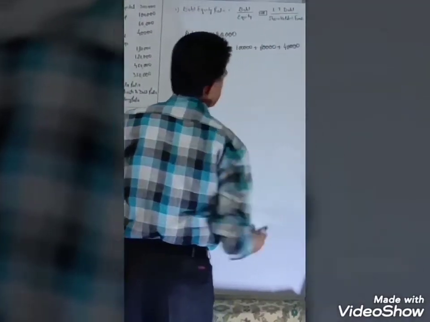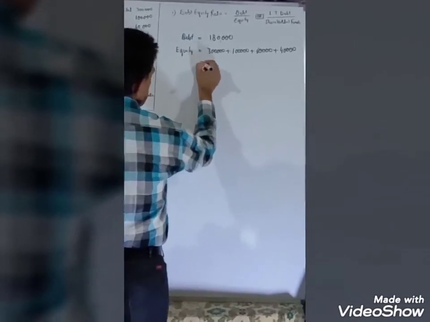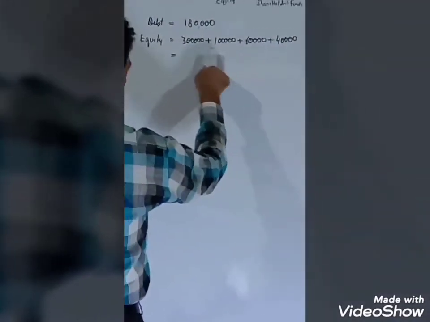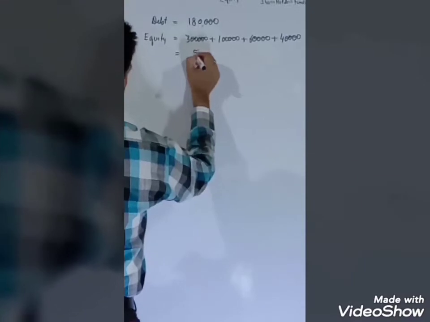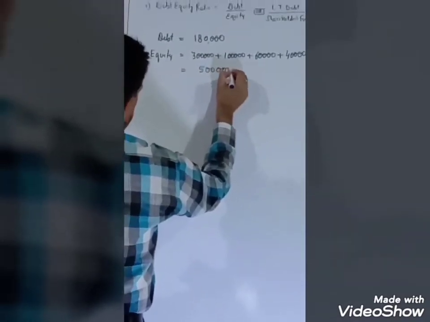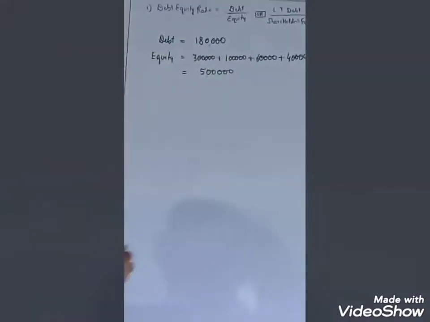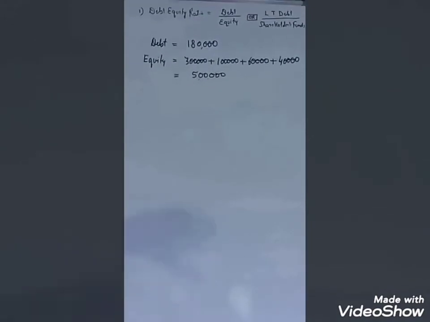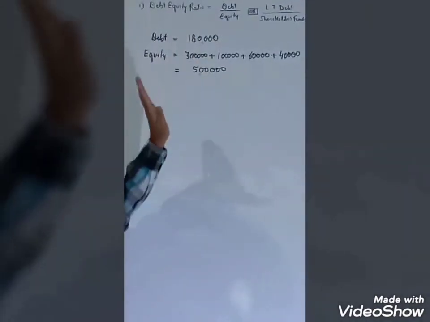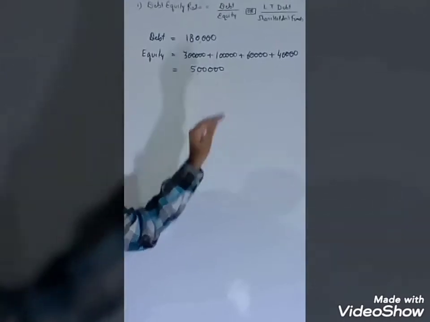This is the information that is given regarding the shareholders' funds. So this will become 5 lakh. Now we are having both aspects: debt rupees 1,80,000 and equity rupees 5 lakh.